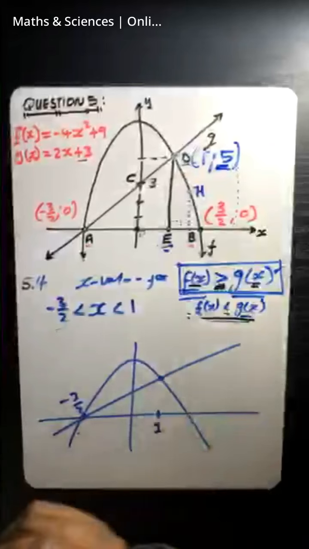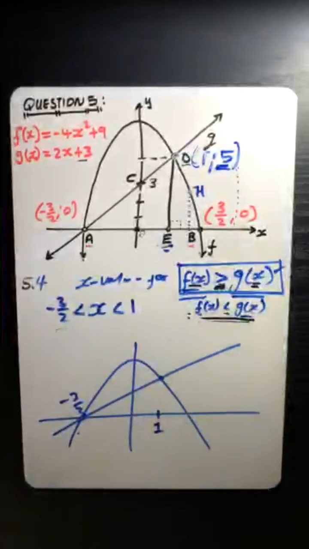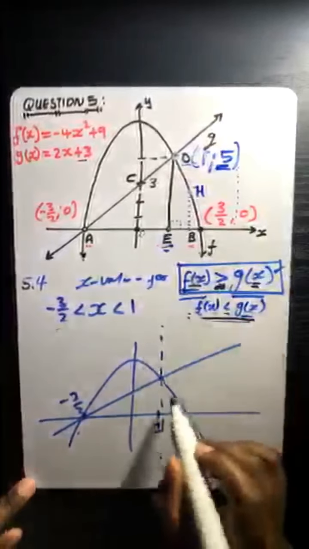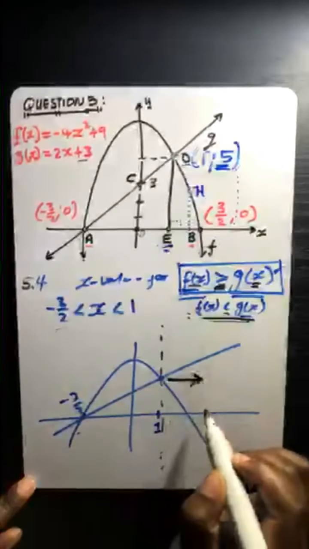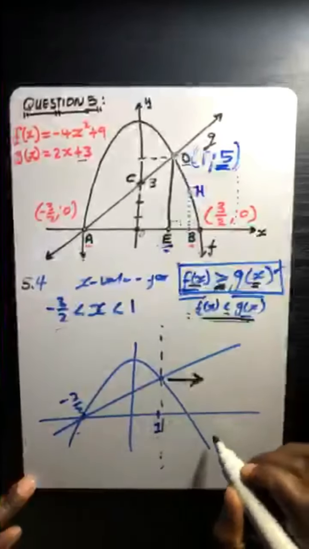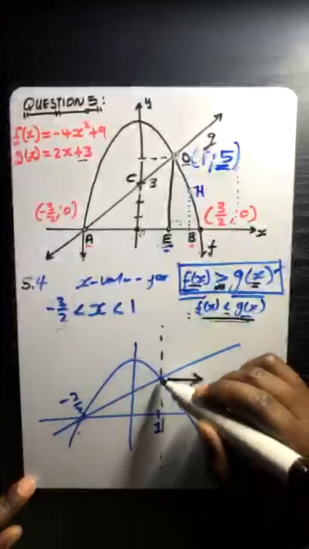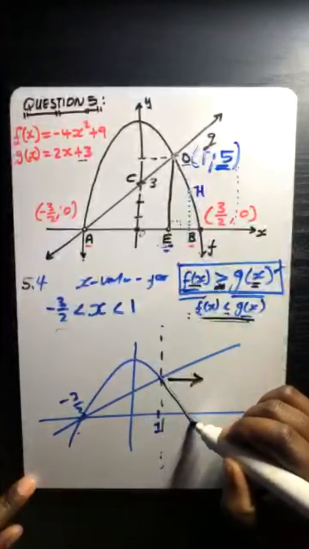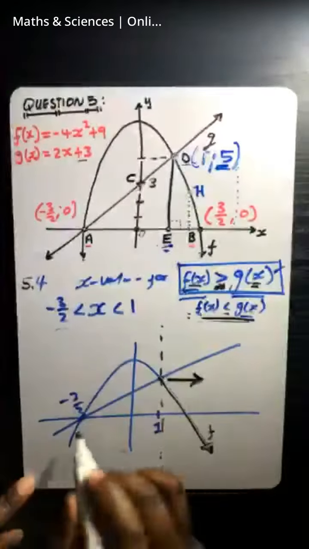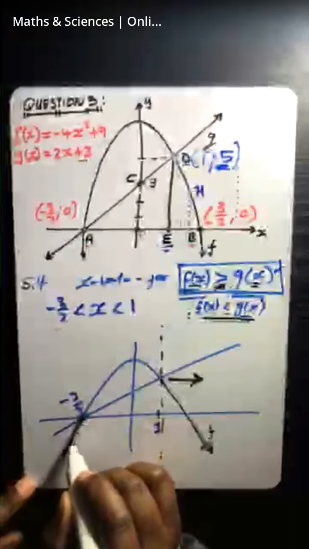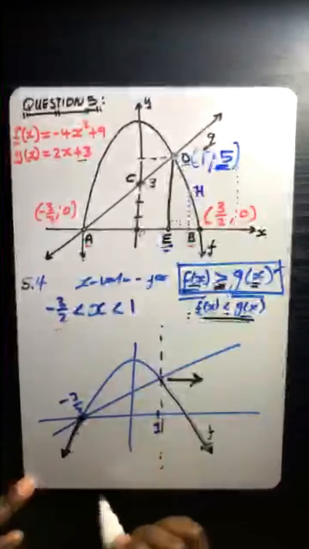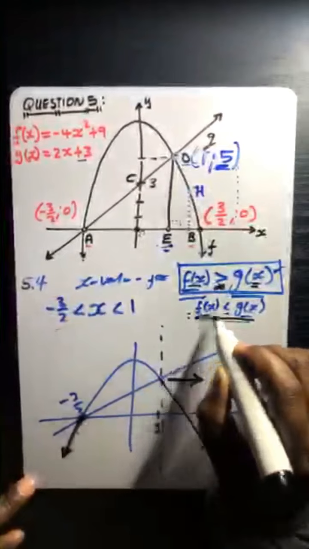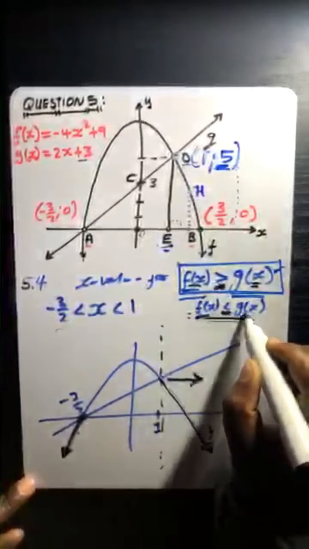What I'm saying is that from there, in that direction, that's where you have the graph of f being below. From that point going up to infinity, that's why we have that arrow. That is where the graph of f is below the graph of g.